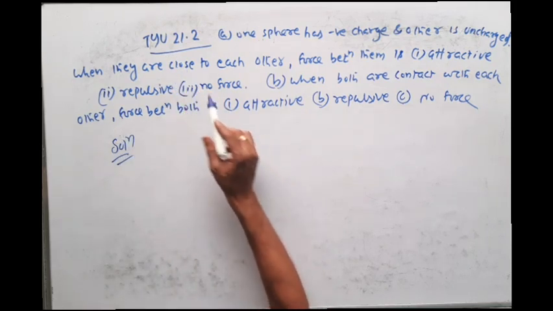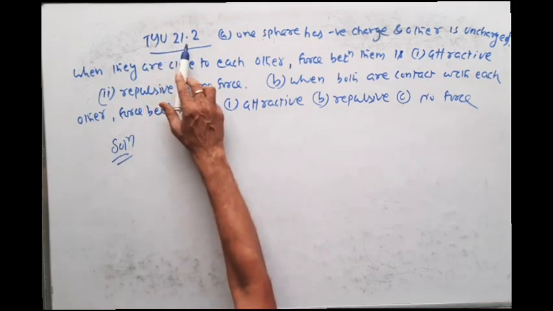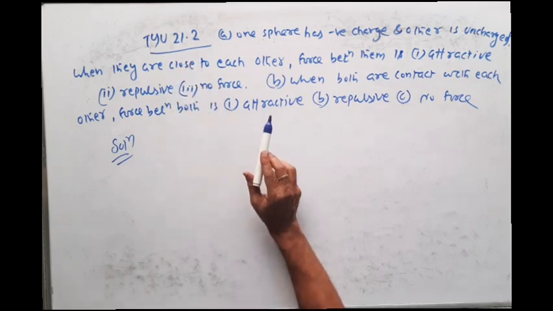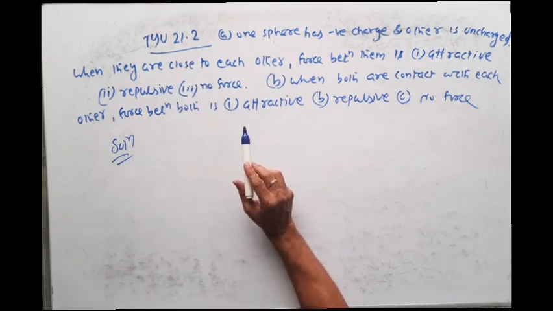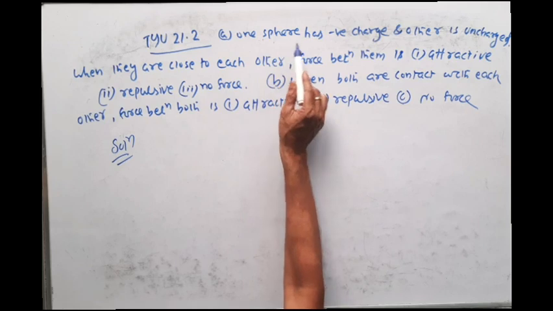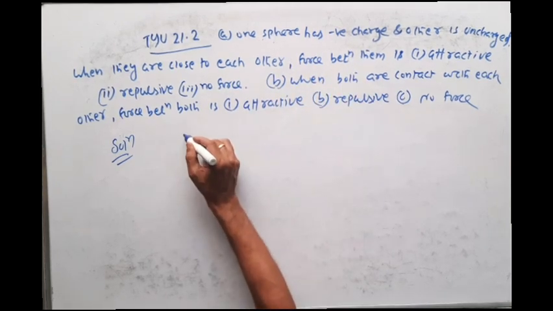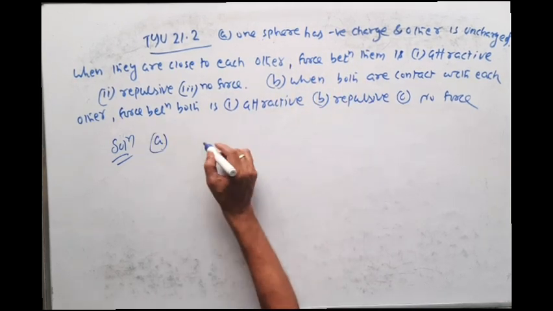So this is one test your understanding 21.2. This question is a very fundamental question. You see, one sphere has a negative charge and other is uncharged. So we will solve the first bit.